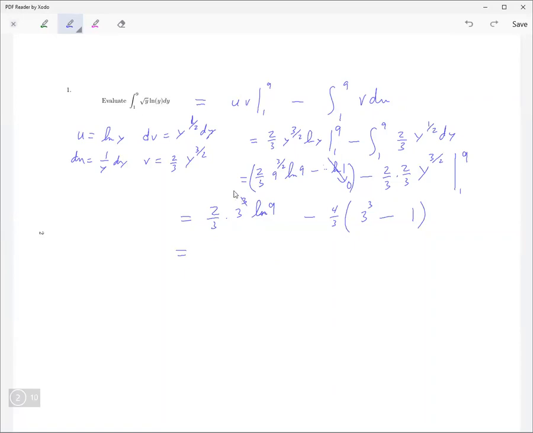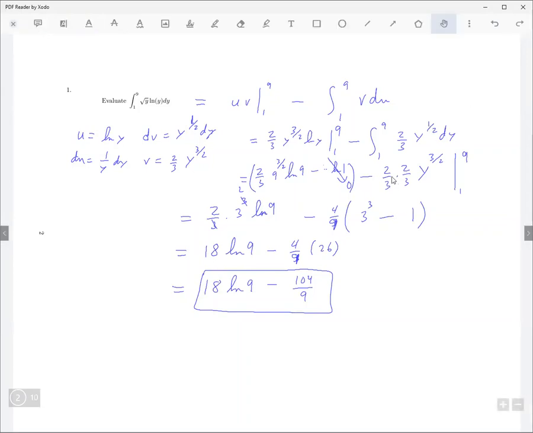That reduces that to 2, so you've got 3 squared, 9, that's 18 log 9 minus 4/3, and this is going to be 27 minus 1, so that's 26. And I have 18 log 9 minus 104 over 9.